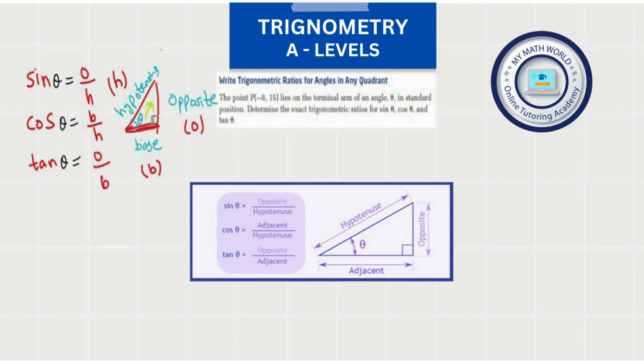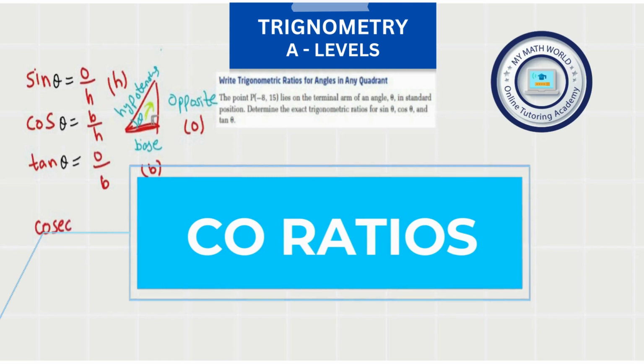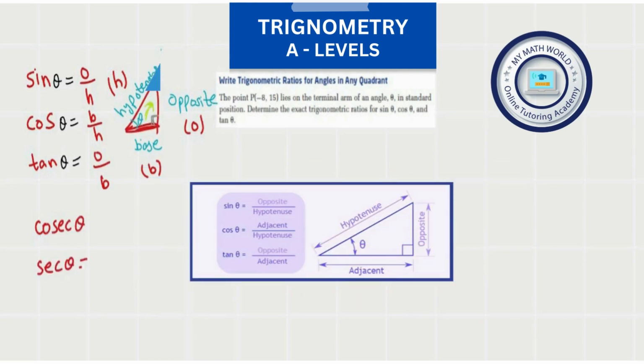After this we have the co-ratios, that are the cosecant theta, secant theta, and the last one is the cotangent theta. Cosecant theta is just the reciprocal of the sine ratio.